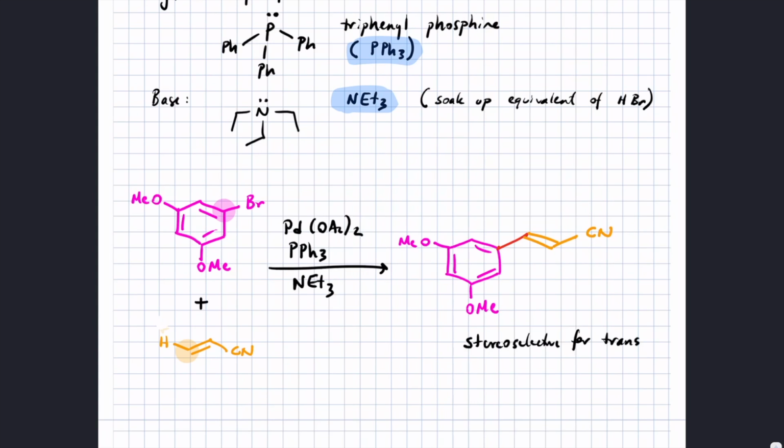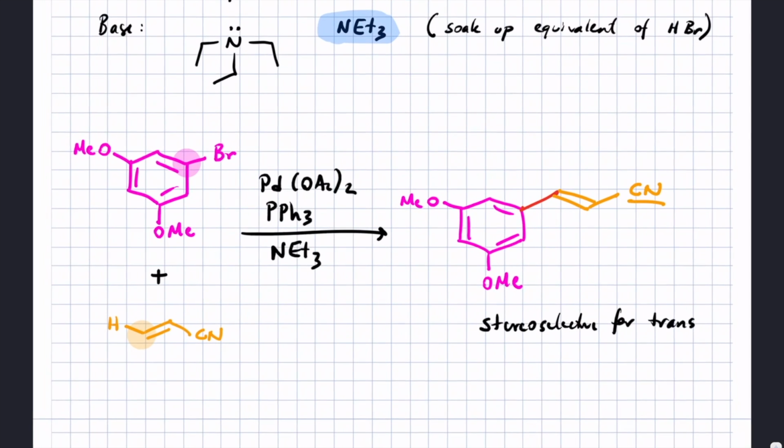Or actually, it's just stereoselective for the trans product. The aryl group ends up trans to whatever the group was on the monosubstituted olefin. All right, and that reaction is high yielding.